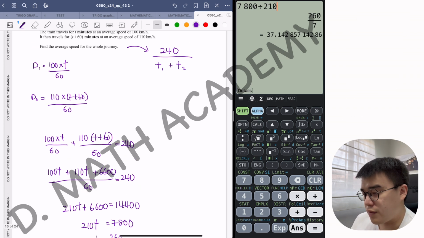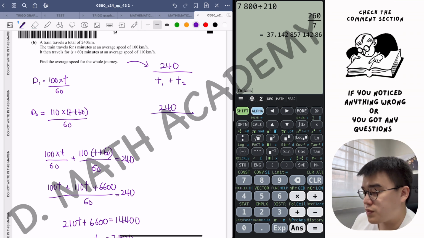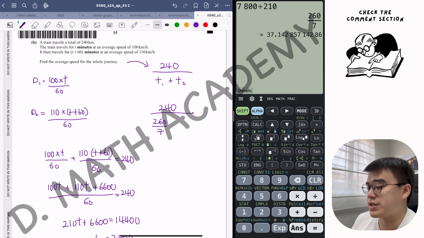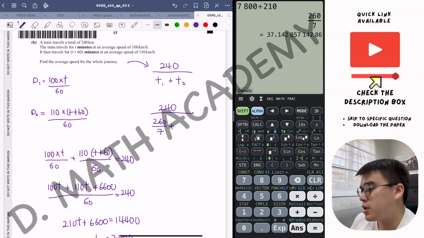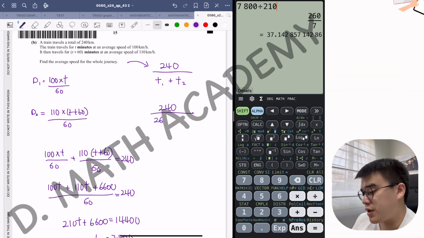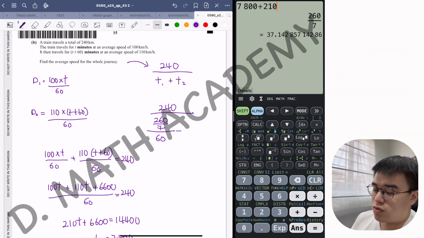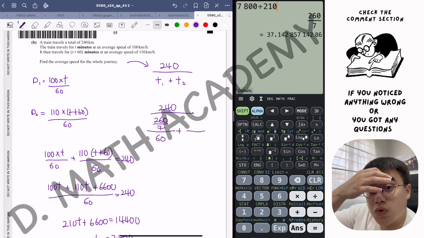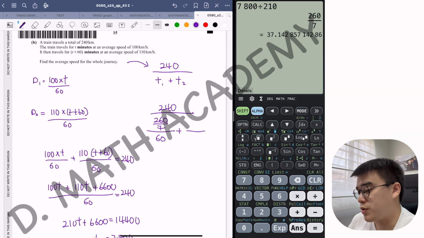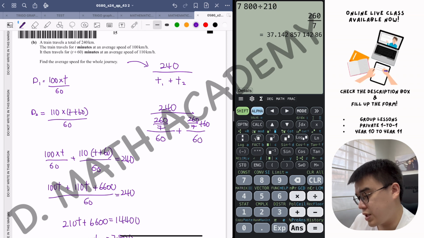Okay, so this is not the final answer. As I mentioned, I need to find the exact timing of each of the journeys. The first one, you can just use 260 over 7. But for the other one, oh, there's also one more thing. Because the 260 over 7, right? It needs to be divided by 60 to convert it into hour form. So same goes for the T plus 60. You have 260 over 7 plus 60 over 60.